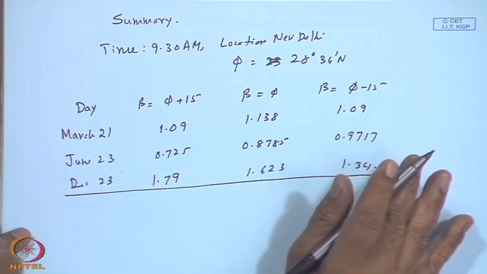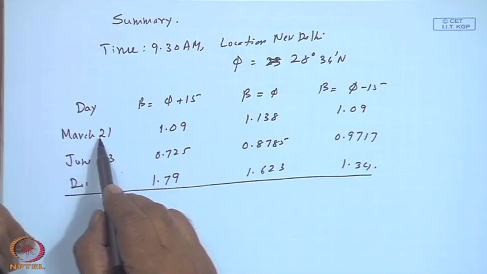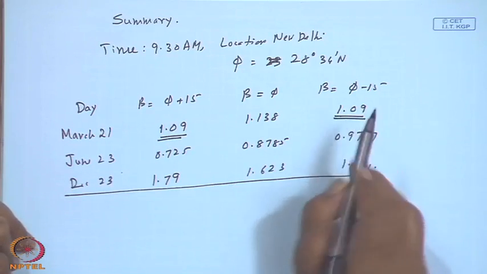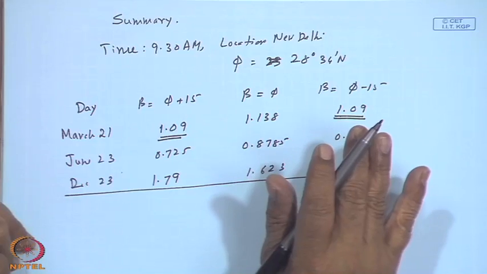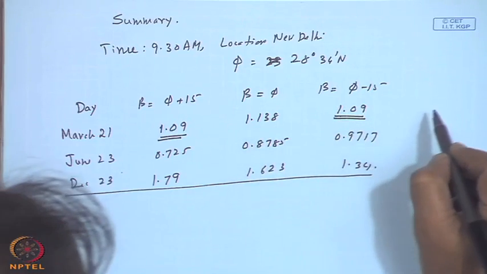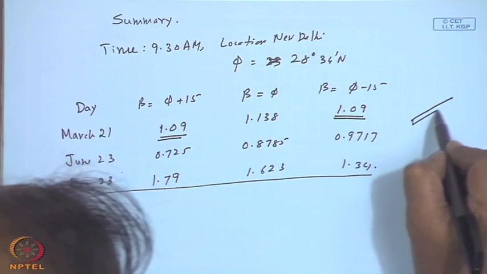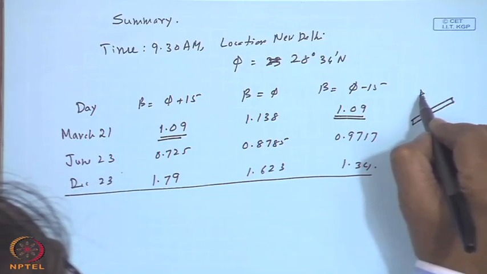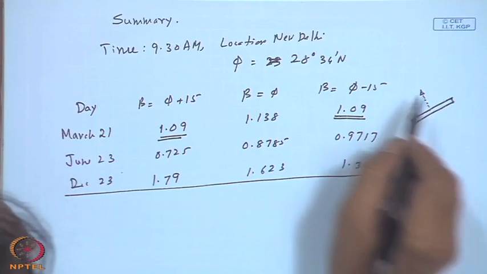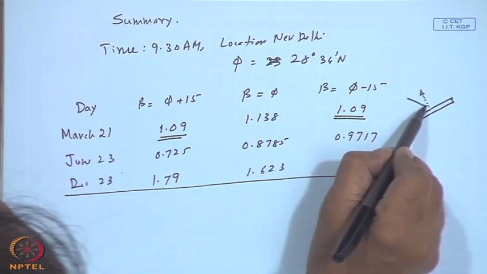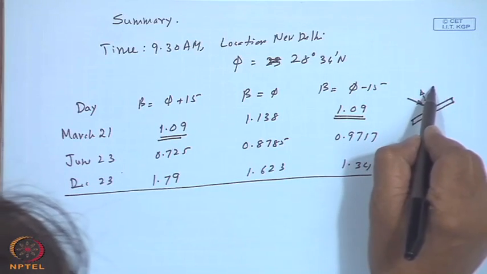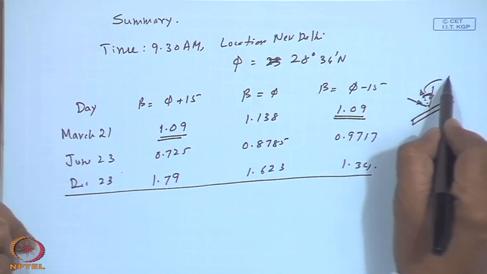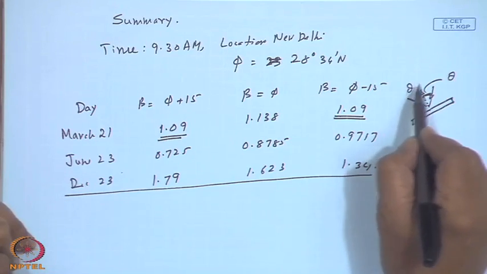declination. And this is because delta is 0, 5 plus 15 and 5 minus 15, they have the same values, right. Basically, what it means is, if this is the solar collector and if this is the outer normal, 5 plus 15 may have a ray like this and 5 minus 15 may have a ray like this, but still this theta remains the same.